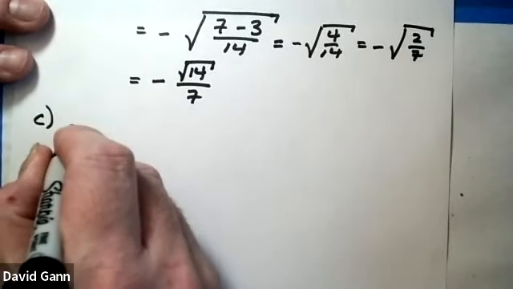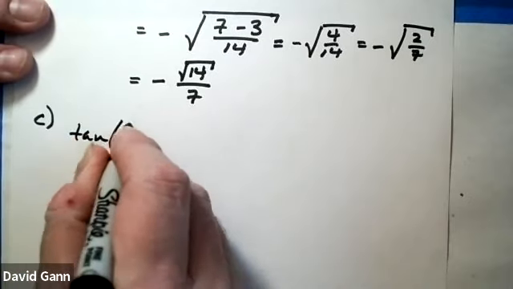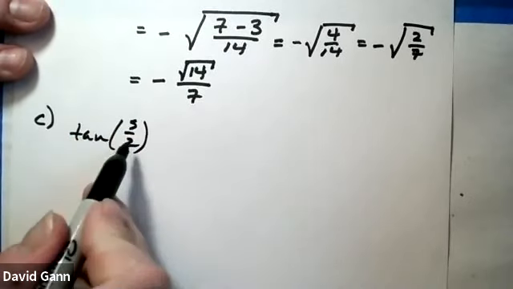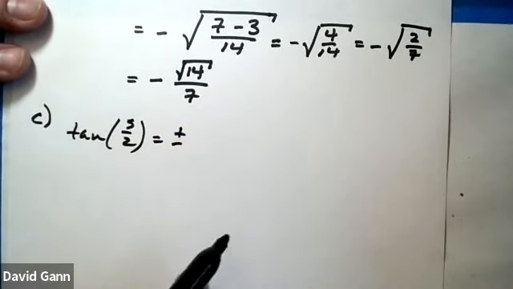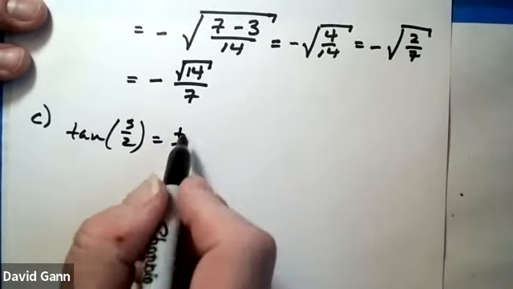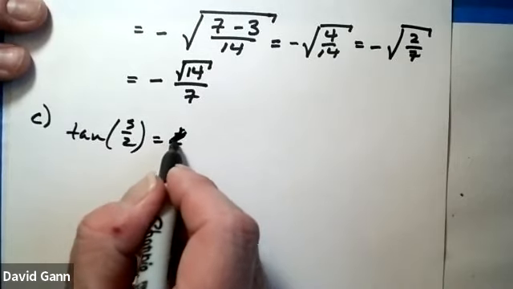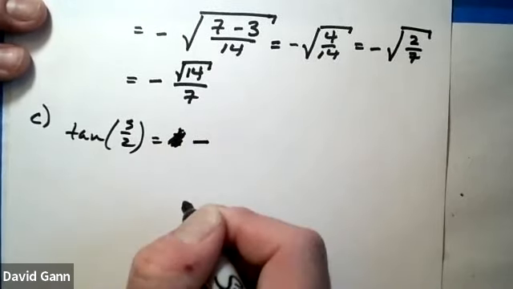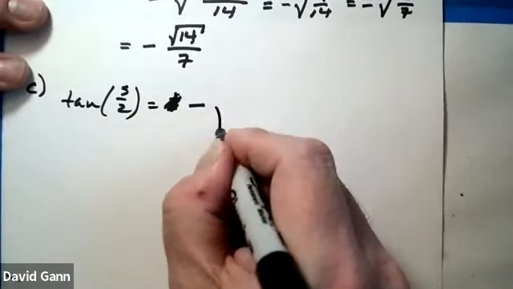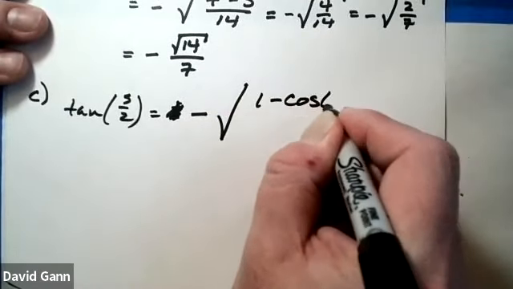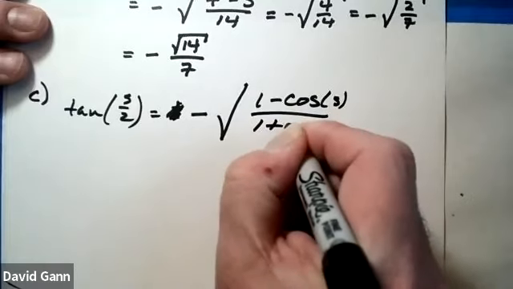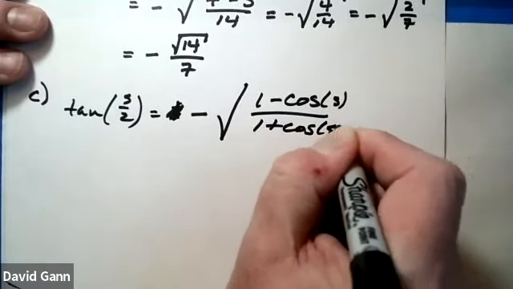I would suggest we go ahead and use the formula because we need some practice with it. So recall that tangent of s over 2 is equal to plus or minus. Now, this is in quadrant 2, so just like before, it's just minus. And that's the square root of 1 minus cosine of s over 1 plus cosine of s.